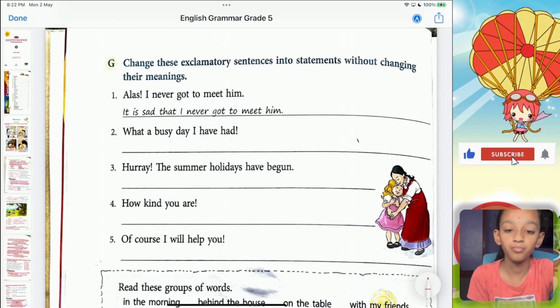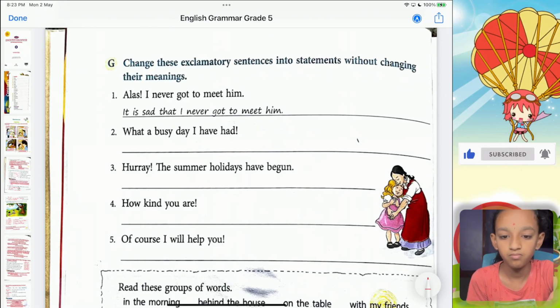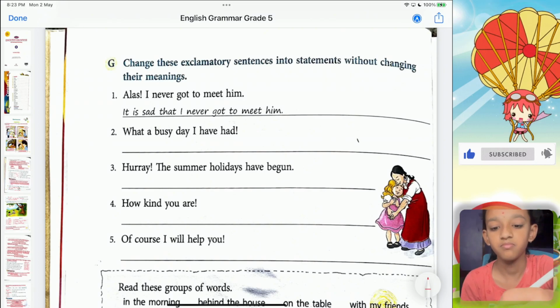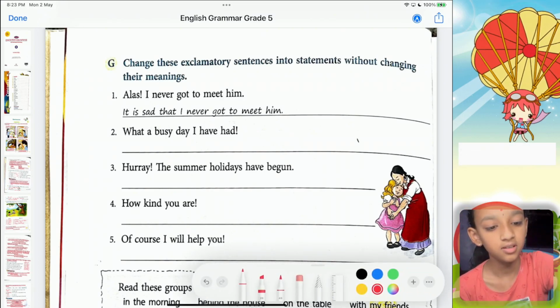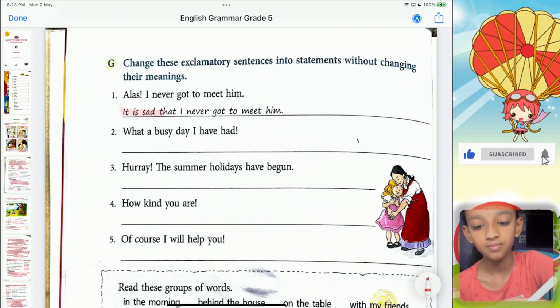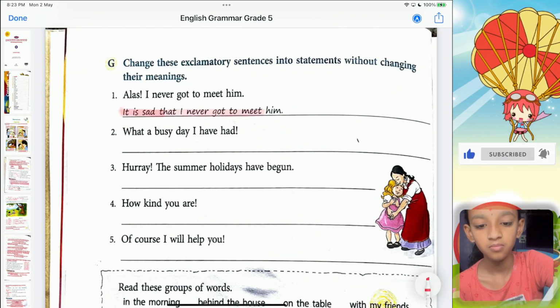Okay, so if you have to write that exclamatory sentence as a statement without having to change the meaning, you can say something like, it is sad. Highlight that. Right, it is sad that I never got to meet him.